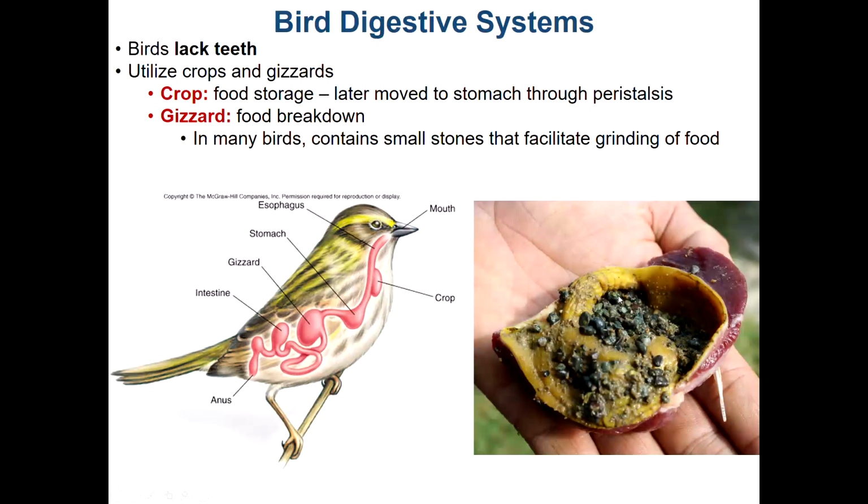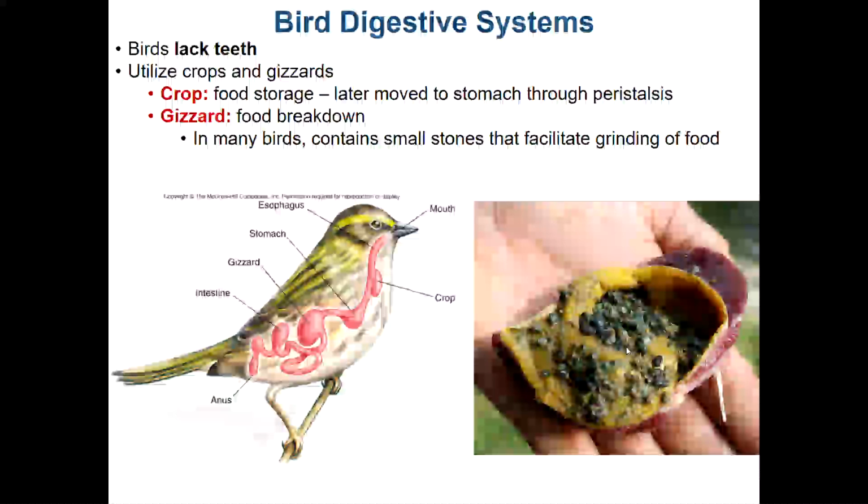And here is a gizzard that has been cut open. It's a gizzard from a chicken, and you can see all these stones in the gizzard, which help to grind up food particles before it then travels to the small intestine for nutrient absorption. So that is a different way that birds have adapted to get the most nutrients out of their food.